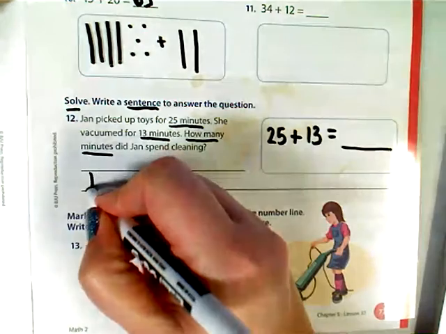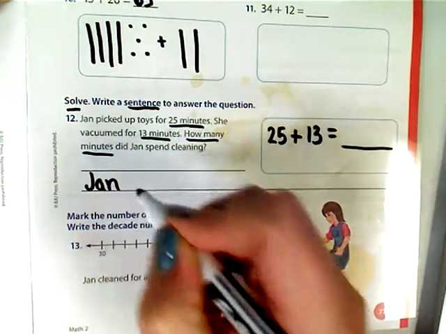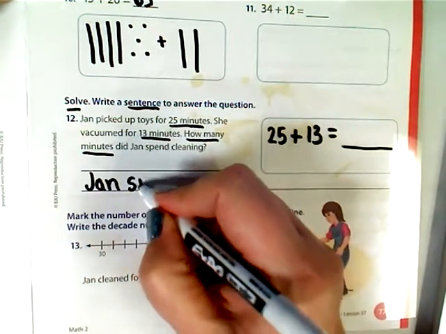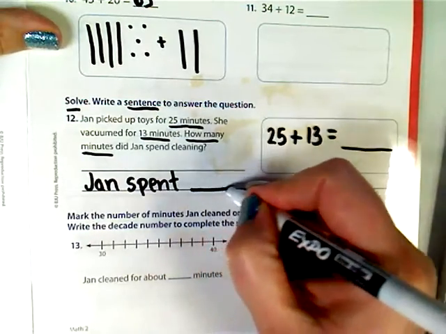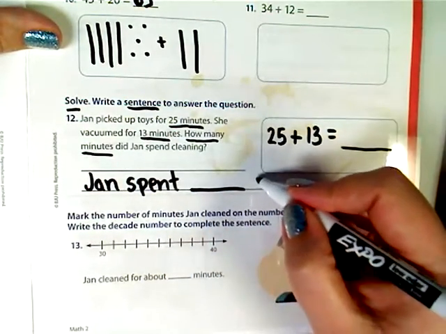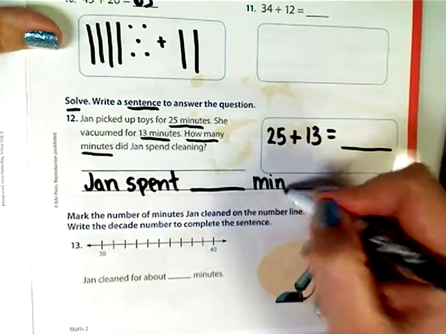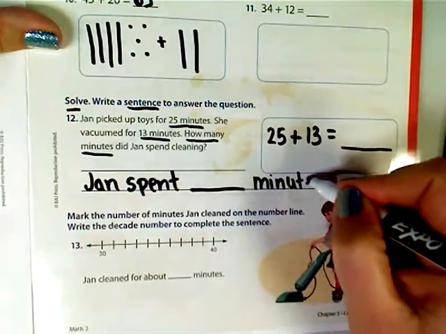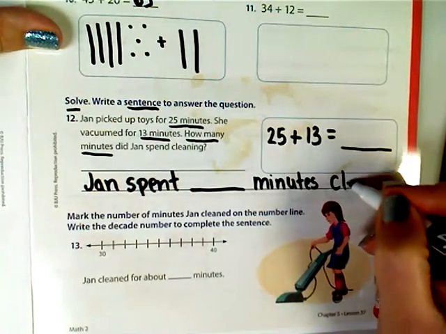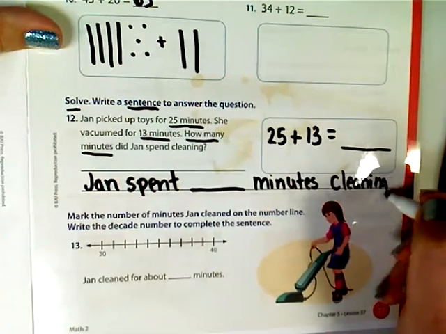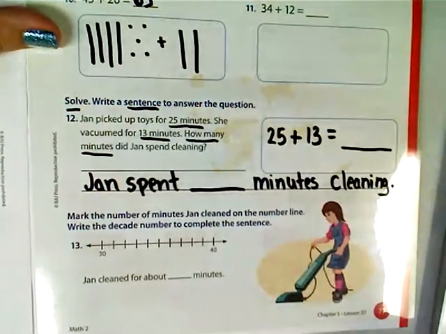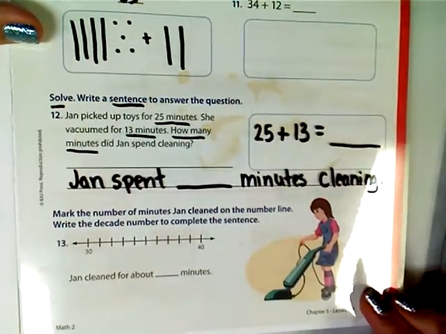So we can say Jan spent, again, blank, put your answer there, minutes cleaning. And we know we put a period at the end of our sentence.